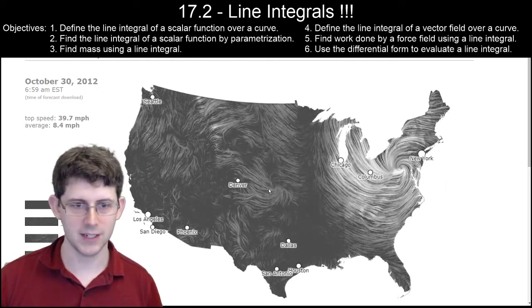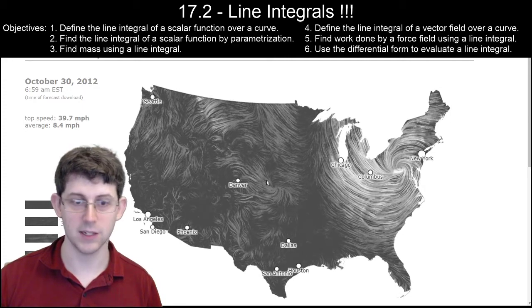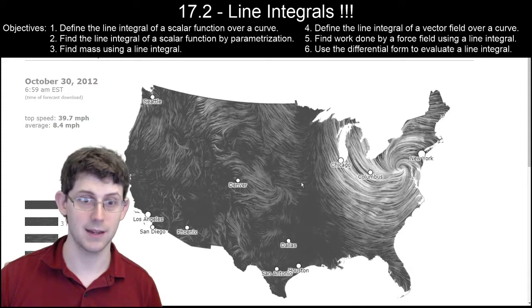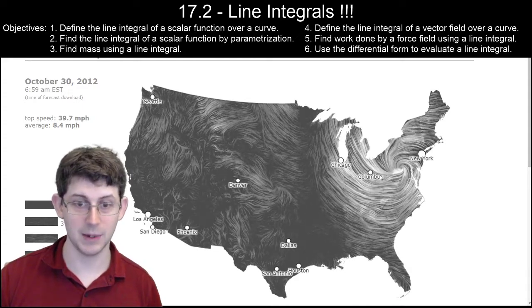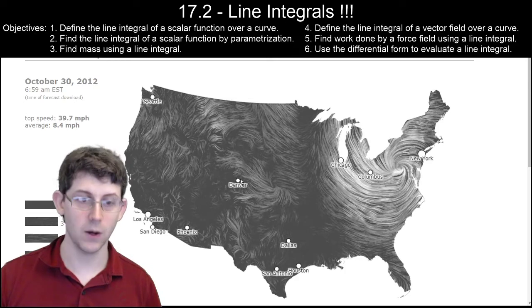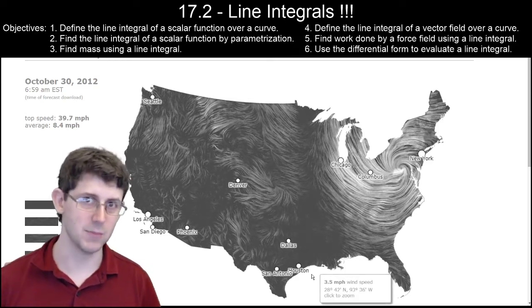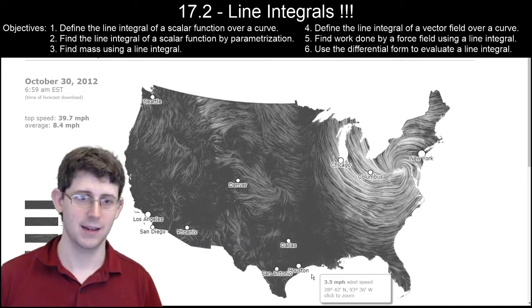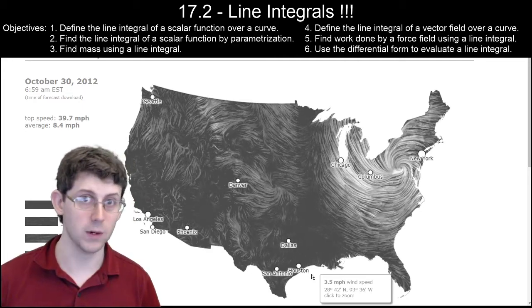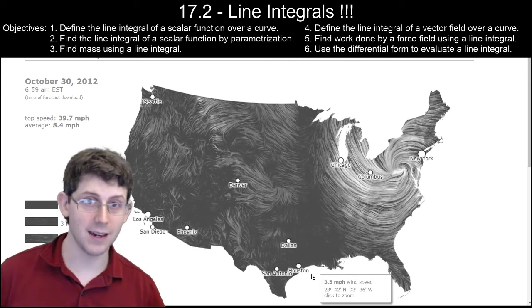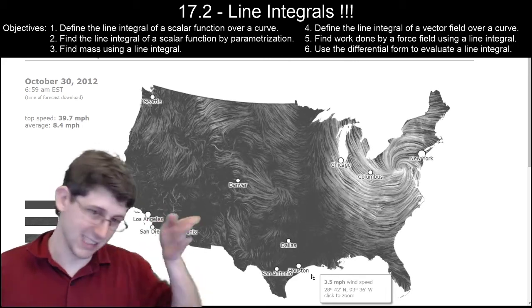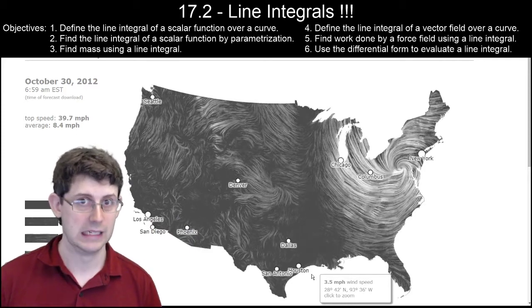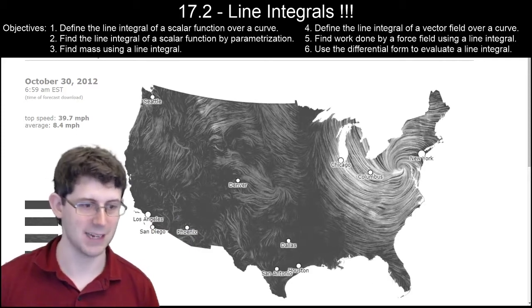Well, at first you'd say, okay, well, during this part of my journey, the wind is helping me. And then during this part of the journey, the wind is hurting me. And then during this part, the wind is helping me a lot. So in total, by adding up all the contributions of all the wind on this path from Denver to Columbus, the wind helped me in total. And that totaling of the force along the curve, that's a line integral of a vector field. We'll do a lot of examples.